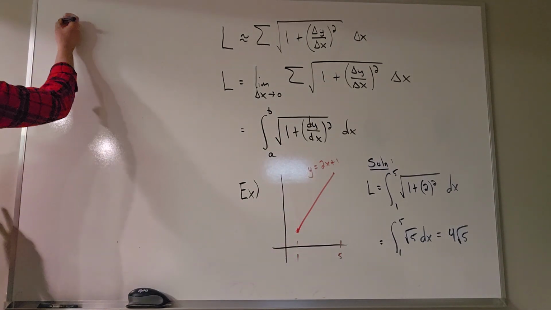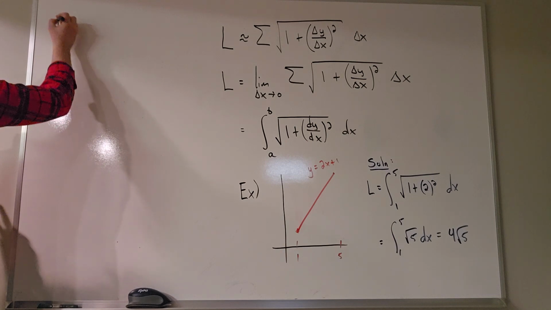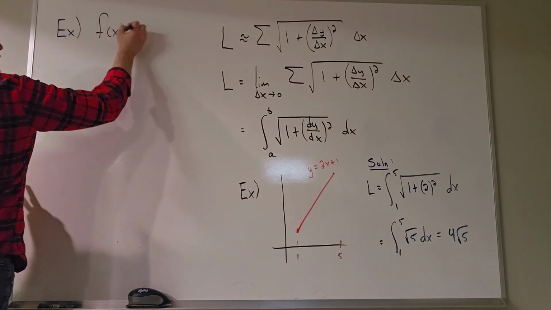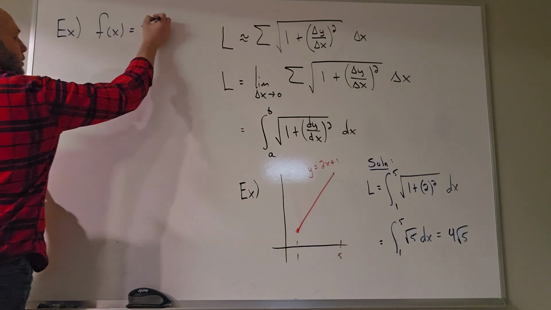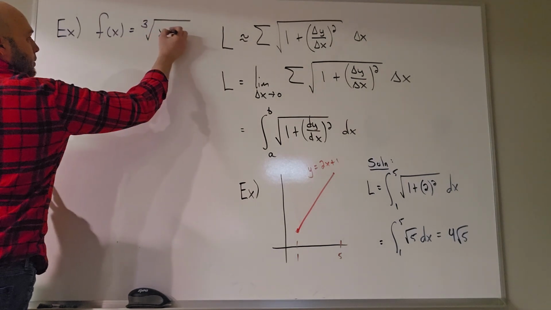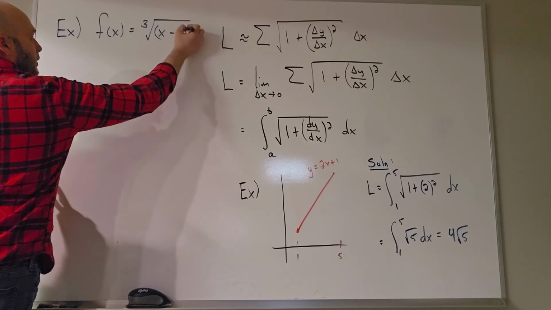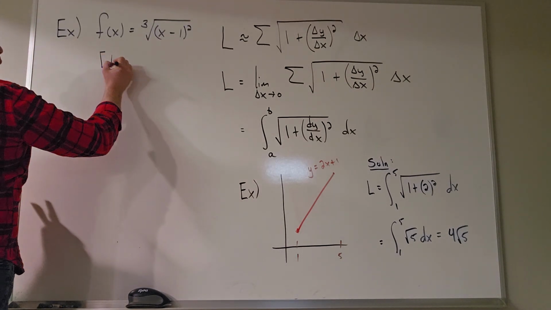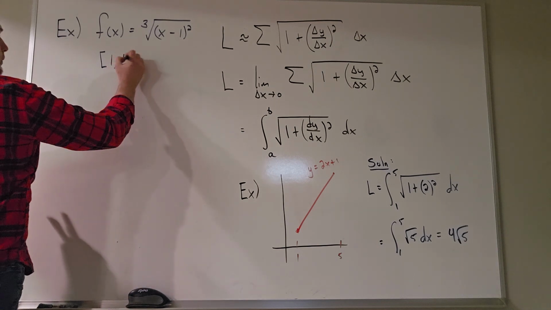For example, let's say the function is going to be the cube root of x minus 1 squared. And let's look at the interval from 1 to 4.